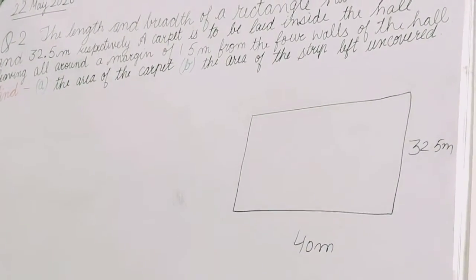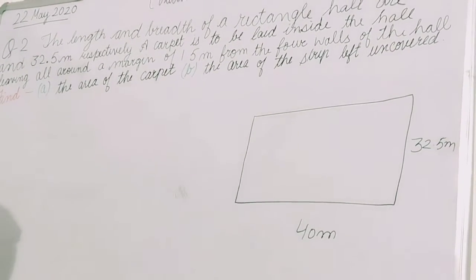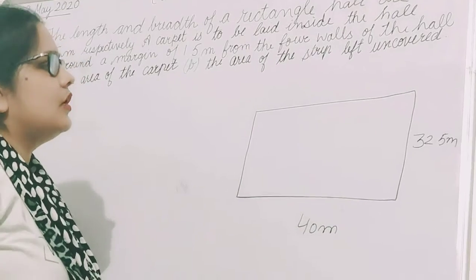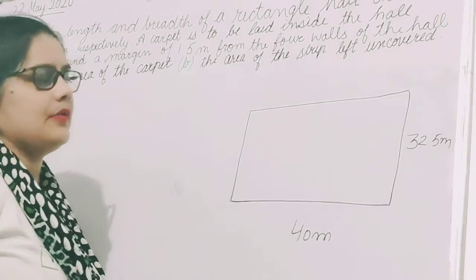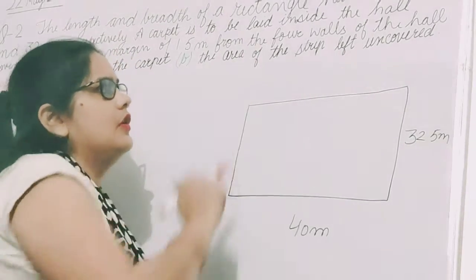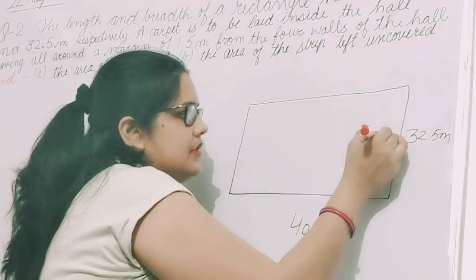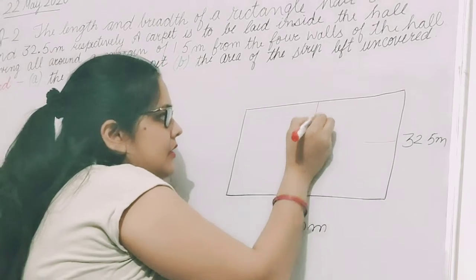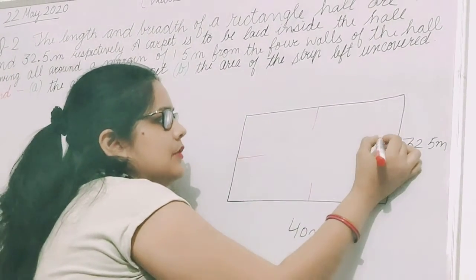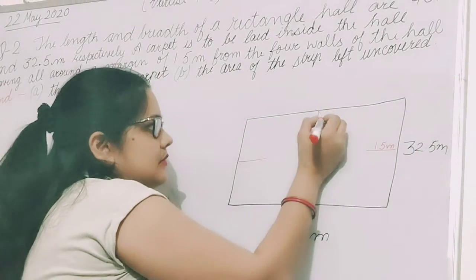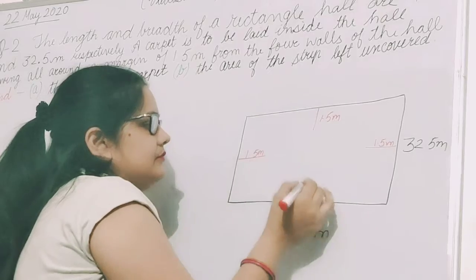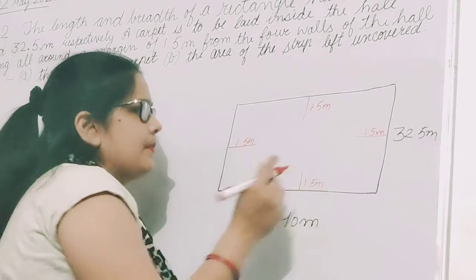A carpet is to be laid inside the hall, leaving around margin 1.5 meter. Inside this hall, we want to lay a carpet and we leave the margin from all four walls 1.5 meter. So from here, here, here and here, this is the 1.5 meter margin from all four walls we leave.